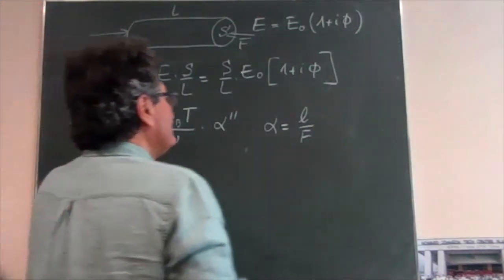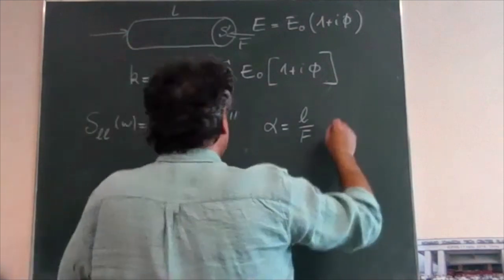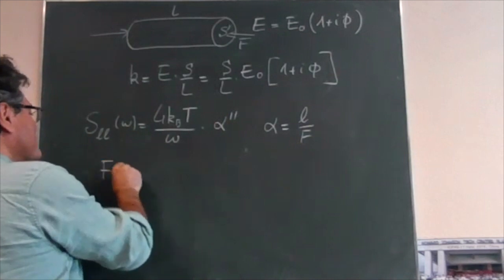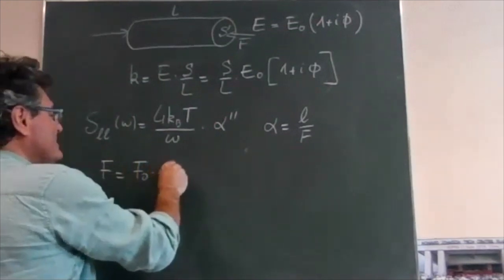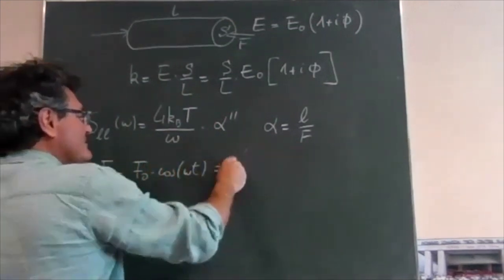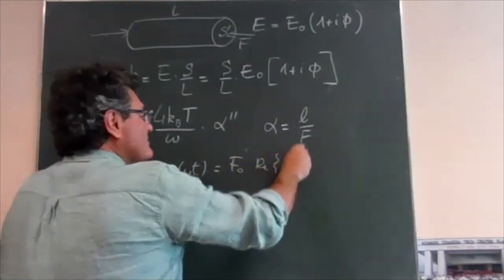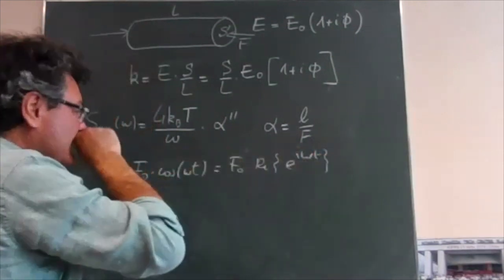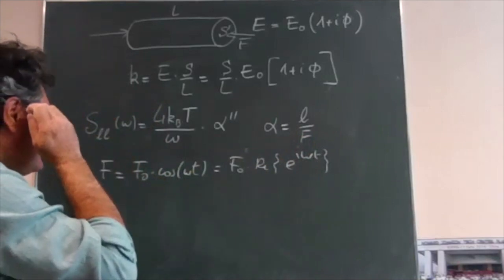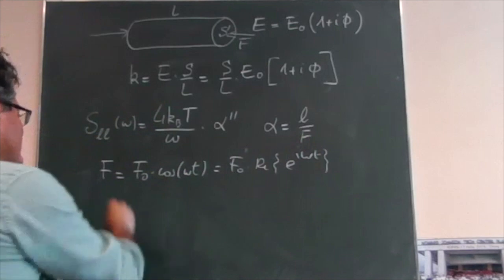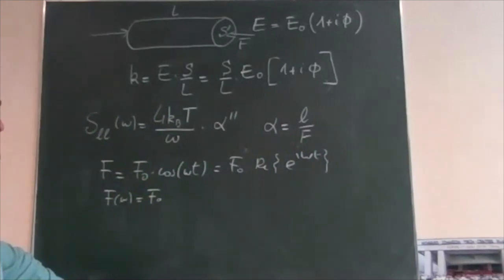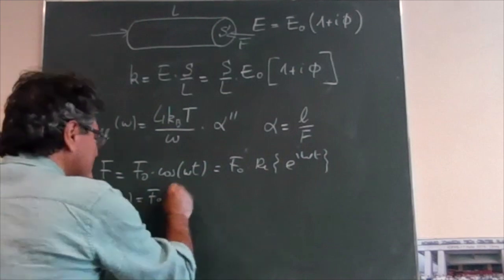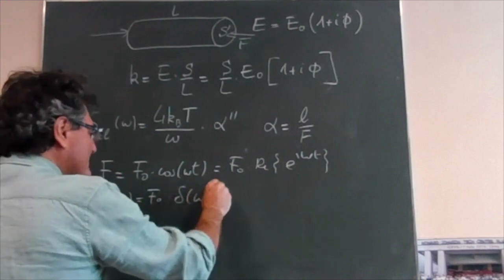So we consider that the force is F0 times cosine of omega t, which is F0 times the real part of e to the i omega t. So F of omega is just F0 times delta of omega minus omega 0.